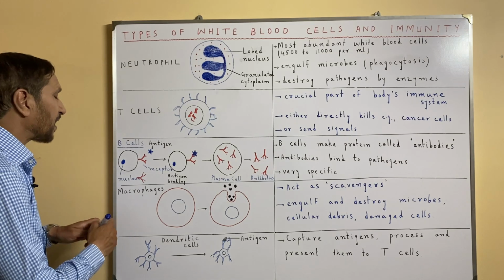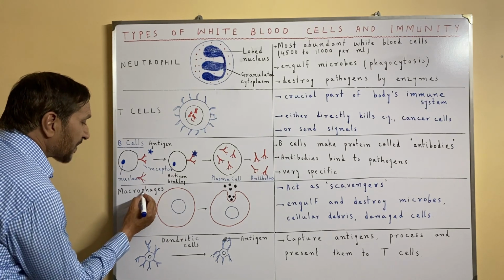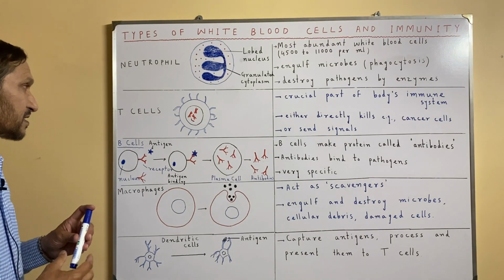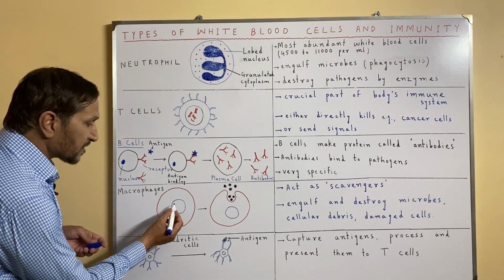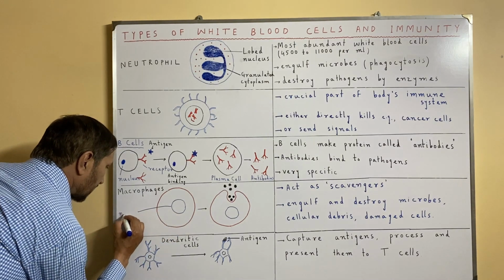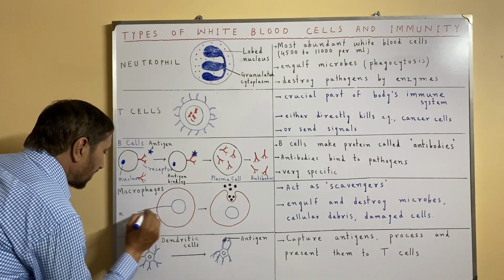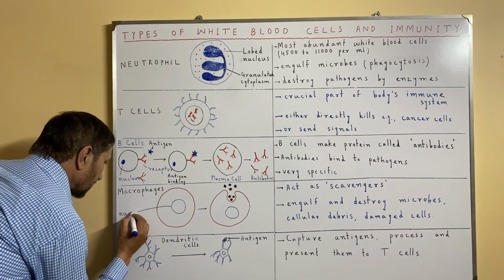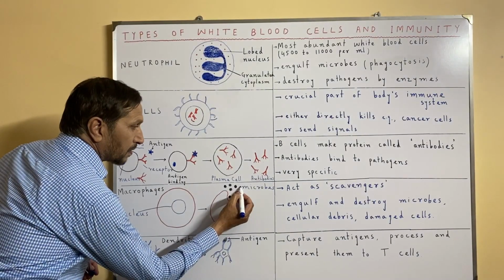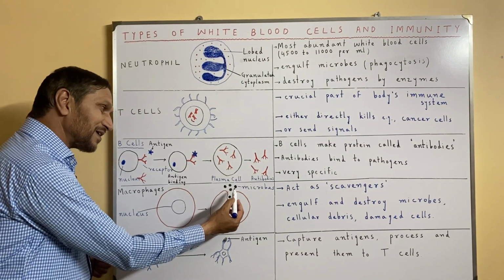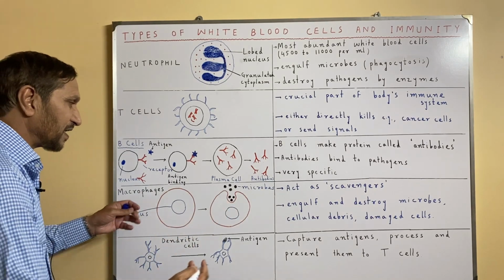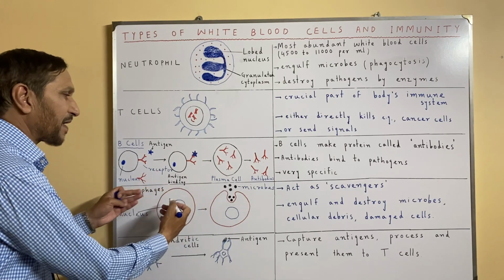Now the other type of white blood cells are macrophages. Macrophages are large in size, and this is the nucleus of the macrophage, while the other parts are the plasma membrane and the cytoplasm. These are the microbes, and they are being engulfed by the macrophages.